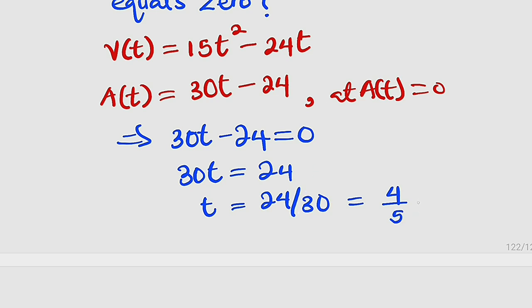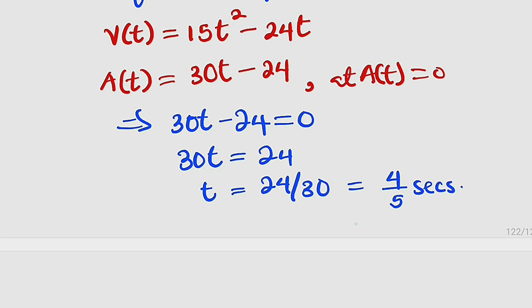So this is 4 over 5 seconds, because we are looking for the time, right? If you like, you can write it in decimal, which is equal to 0.8 seconds, all the same.